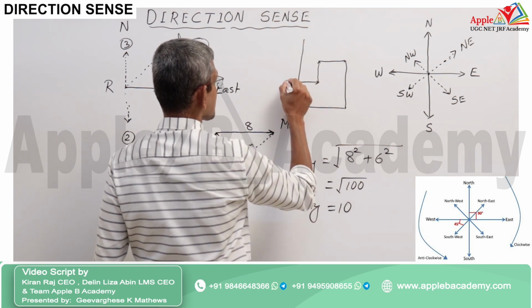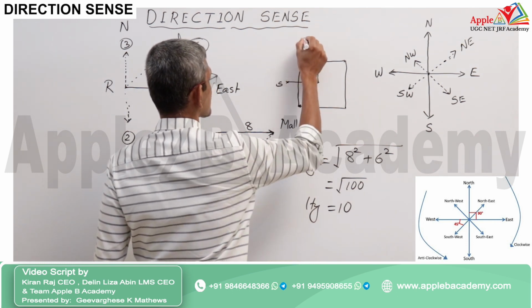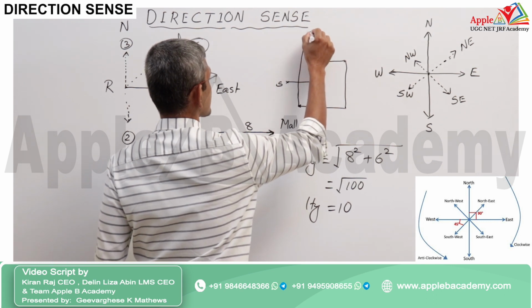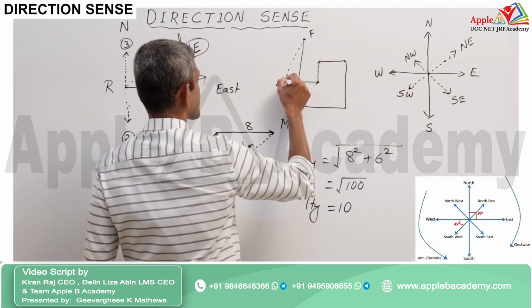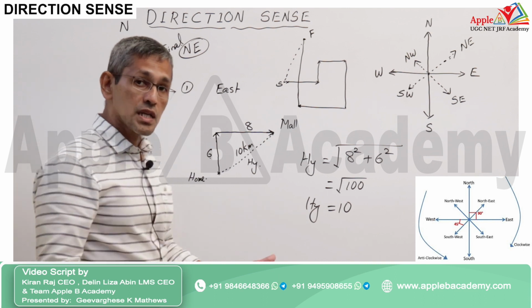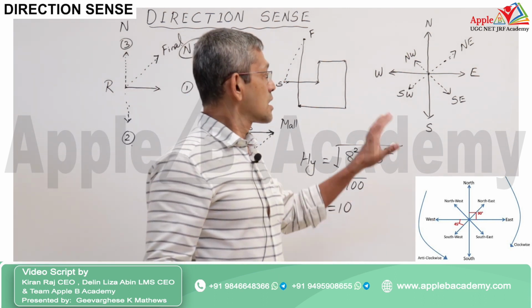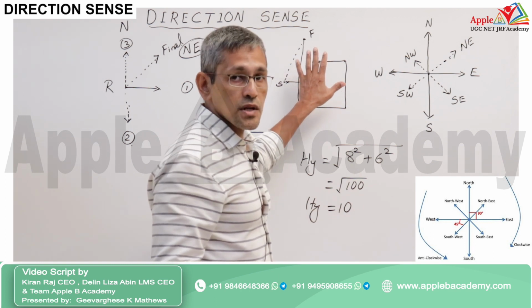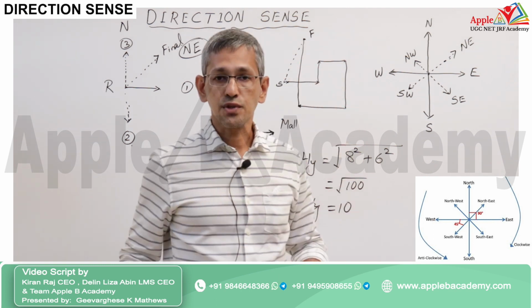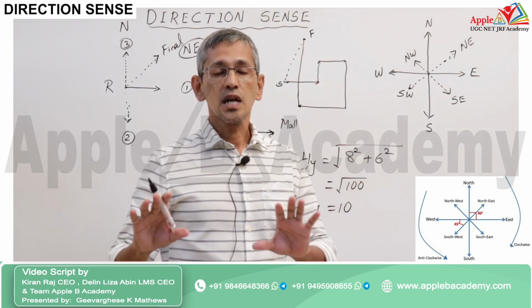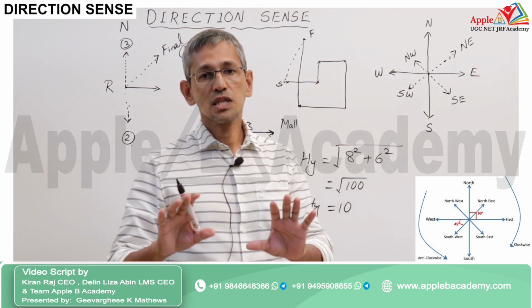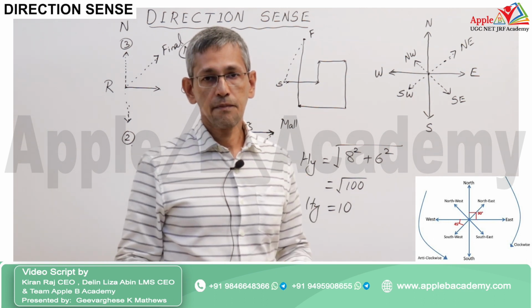So this is the starting point, and this is the final destination. What is the distance between these 2 points? Again you have to make a right angle triangle and find the answer. No need to worry about it, we'll get into those questions later. This is just an introduction to the types of questions expected in this area.